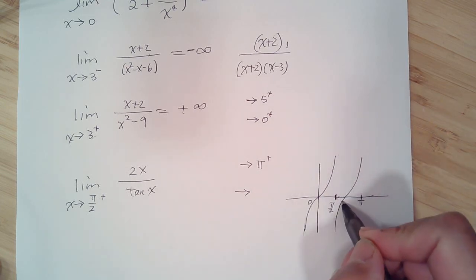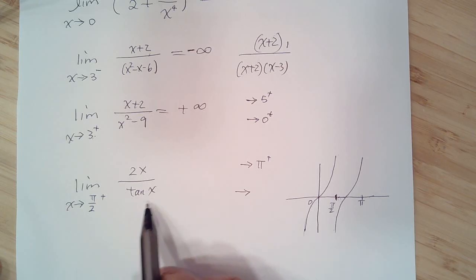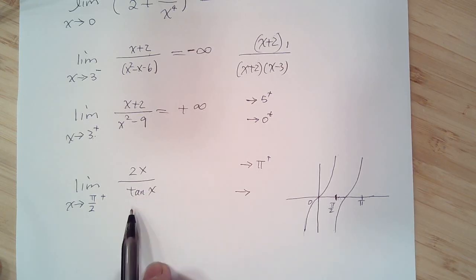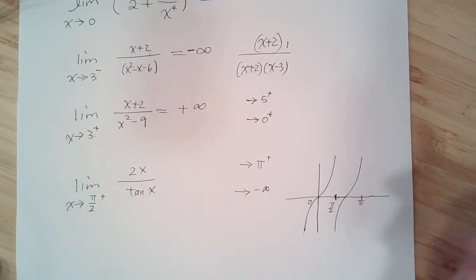Approaching pi over 2 from the right side, you get negative infinity. So the denominator is almost like negative infinity, and the numerator is not 0, so the answer is just 0.